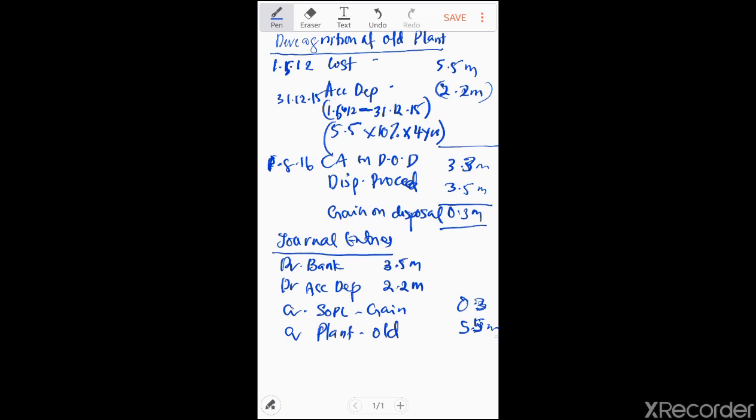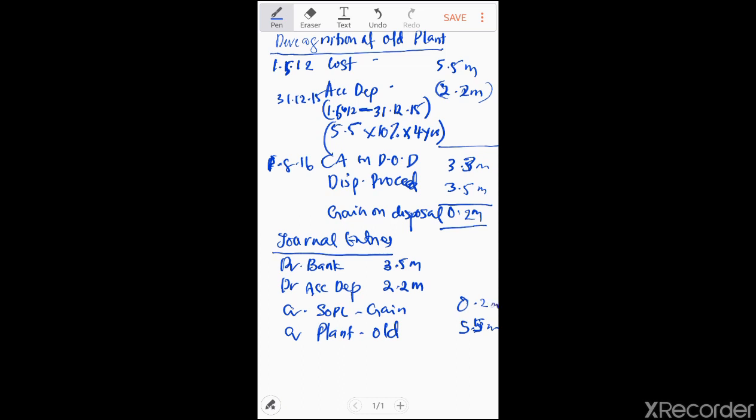That one if you are asked to do the journal entry. But you are not asked to do the journal entry. The gain was not 0.3. I made a mistake here. So it is actually 0.2. And it is also here.